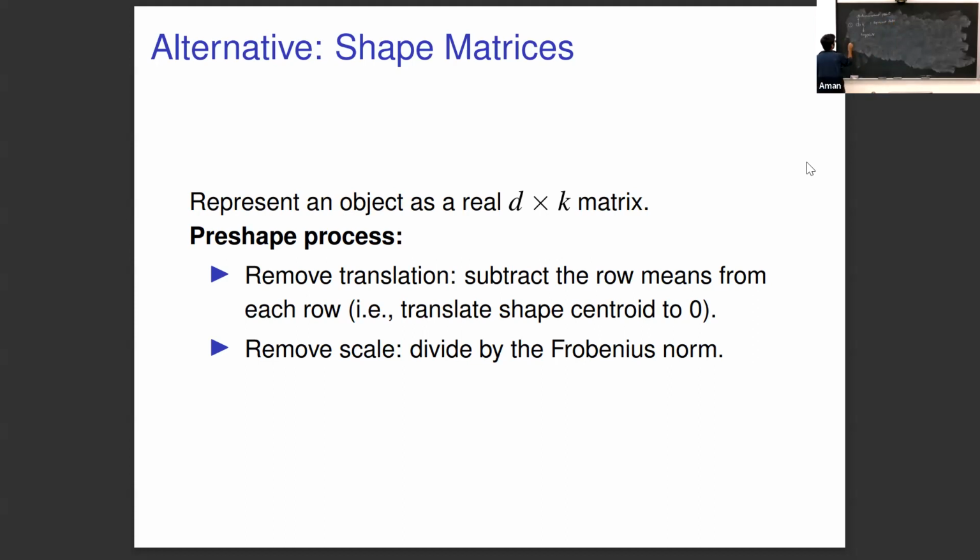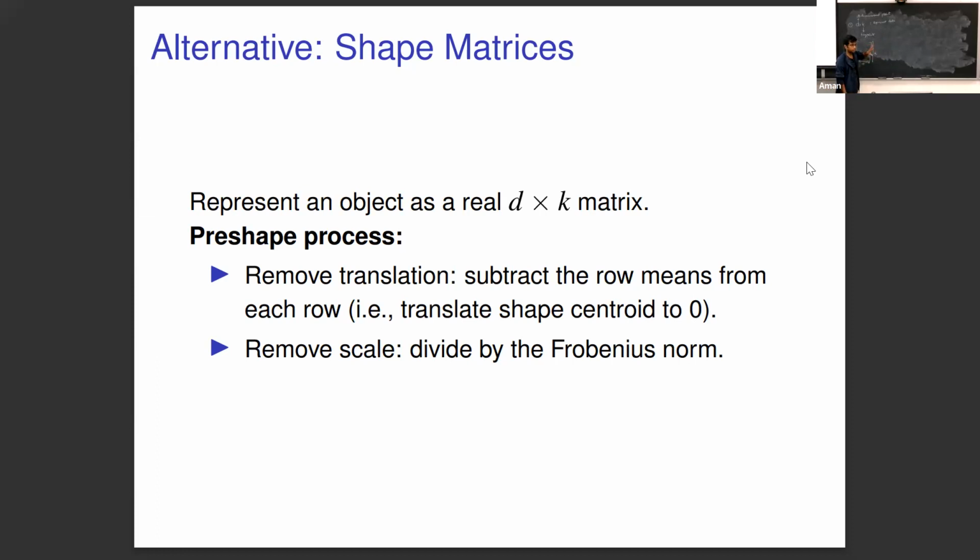Step 2 is then again remove translation. To remove translation, subtract the row means from each row. So once you subtract the mean of each dimension from that dimension, you will then be able to remove the translation, like we saw in the complex case, the same thing. But because it's represented as a matrix, D cross K or K cross D, doesn't matter, from each dimension you have to subtract the mean of that dimension, and that will give you the same matrix, but the translation would be removed.